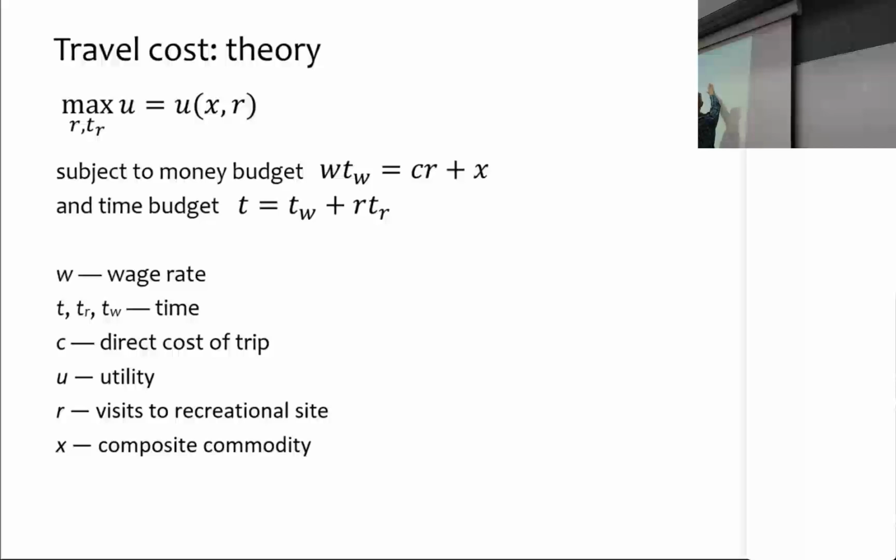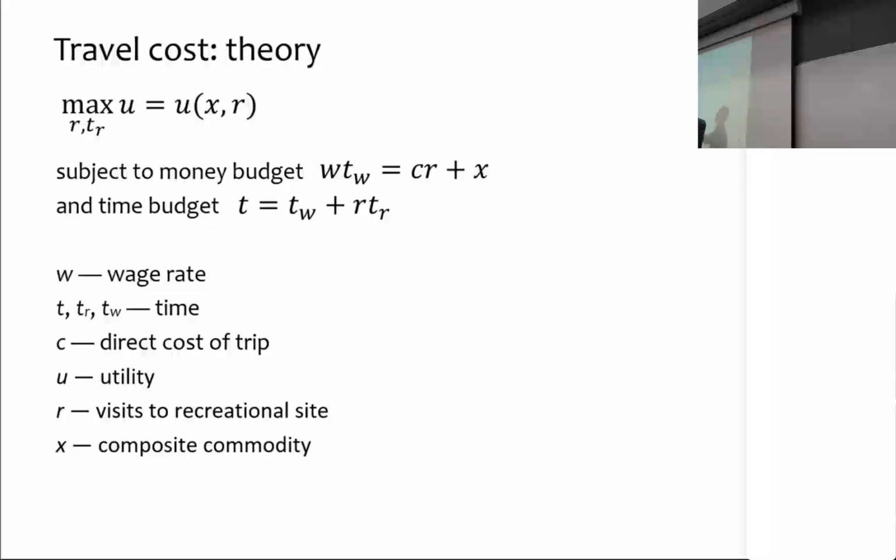We can spend it on X, and we assume that the price of X is normalized to 1. So this is overall consumption, and we can spend it on recreation. And this is the number of visits to the park, and this is how much it costs to visit the park, right? So this is the money budget.